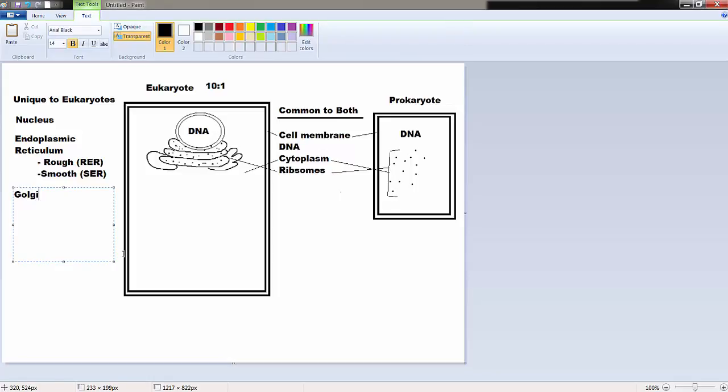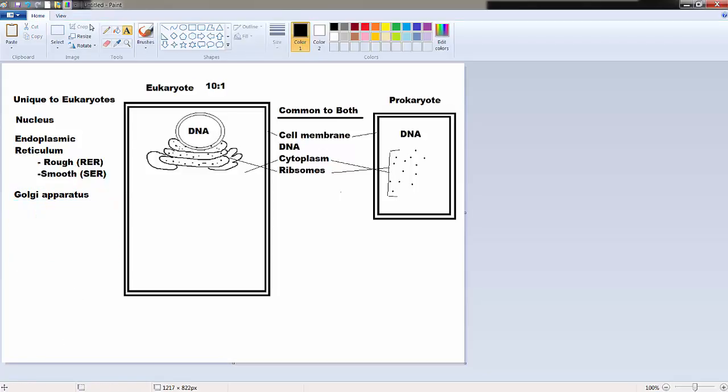Next, I'm going to talk about the Golgi apparatus, sometimes called the Golgi body, or sometimes Golgi bodies. I usually use the word Golgi apparatus, but you might see it in other forms. Go ahead and just keep it to the Golgi apparatus here.